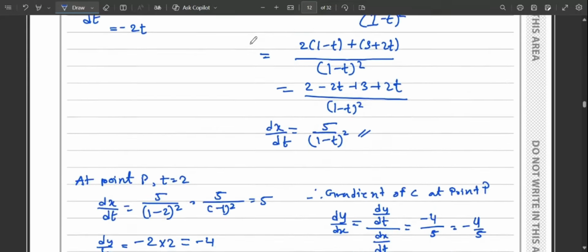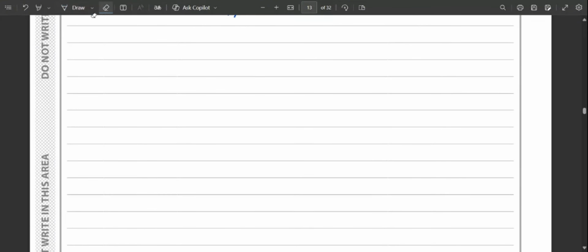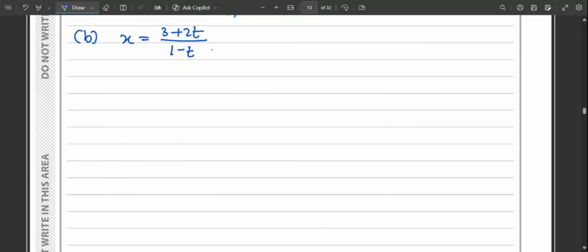So in order to do that, I need to substitute the value of t into the other equation. For part B, I know the expression for x is (3 plus 2t) divided by (1 minus t), and the expression for y in terms of t is 1 minus t squared.